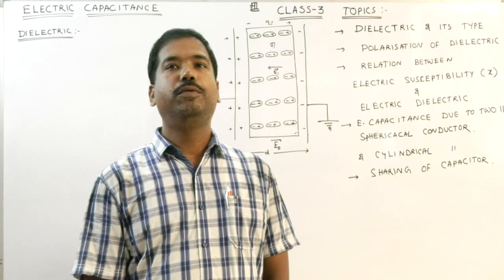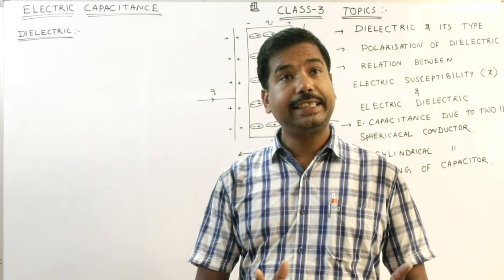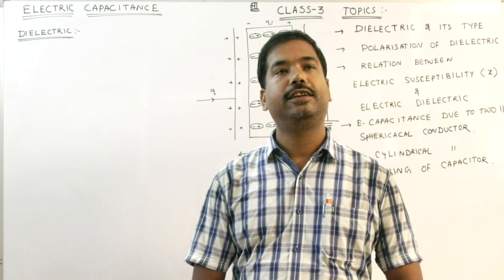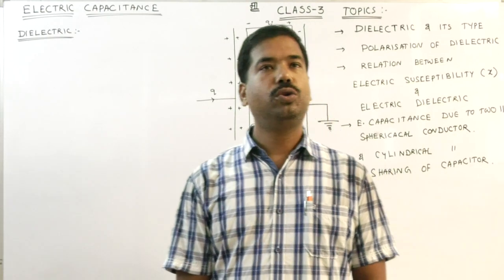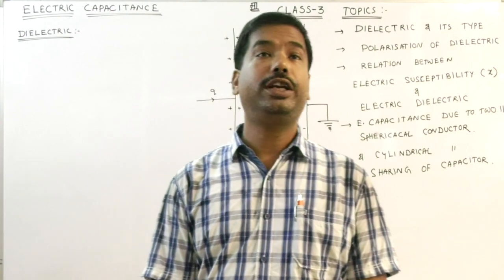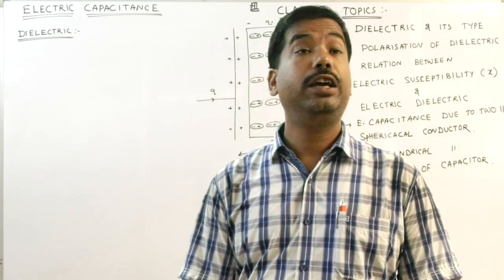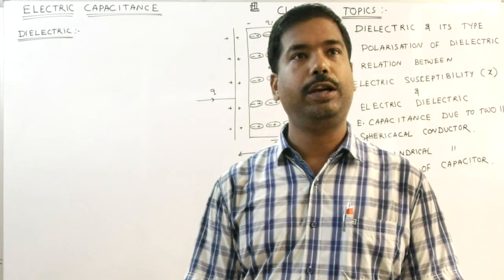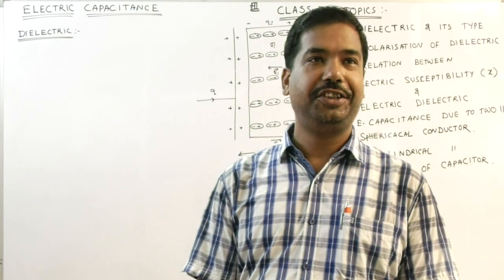Okay, so before going to know about the dielectric, we should know what is dielectric and what it does when placed in between the two parallel plates. Clear? So dielectric is an insulator that induces electric charge by the application of external electric field, but does not conduct electricity.